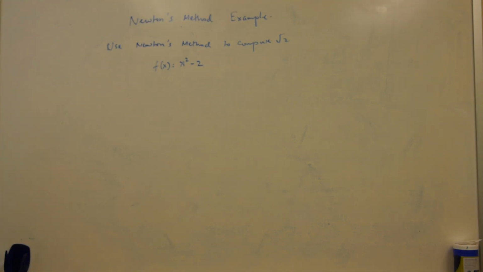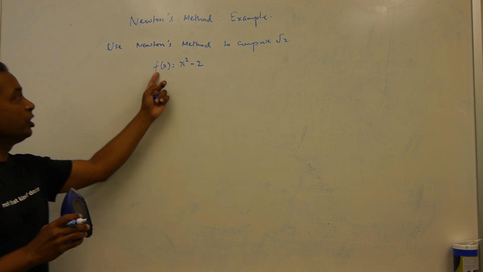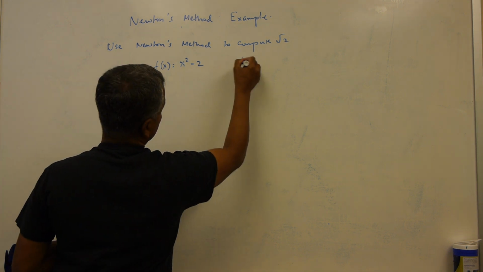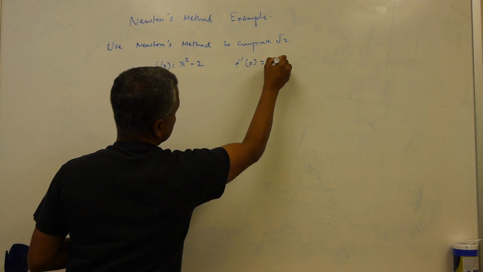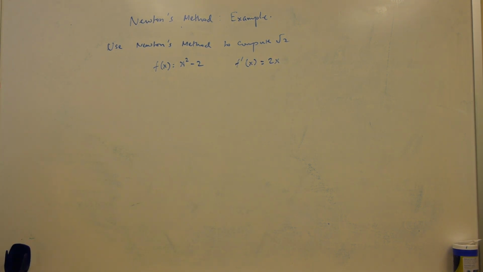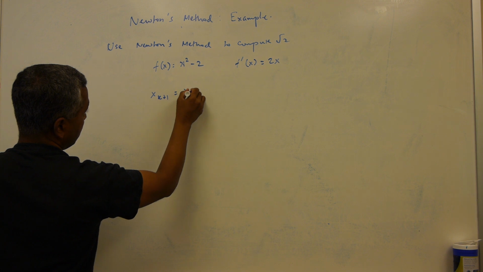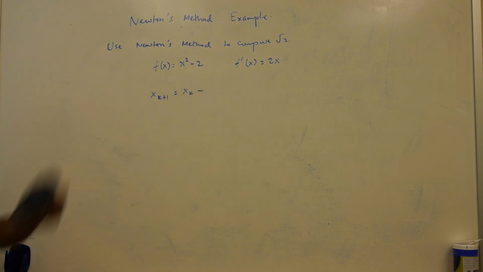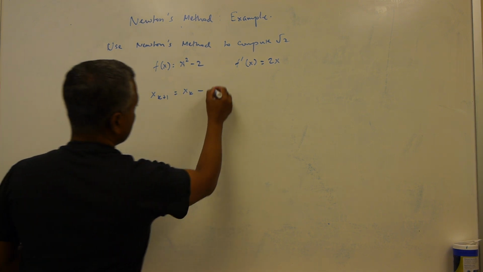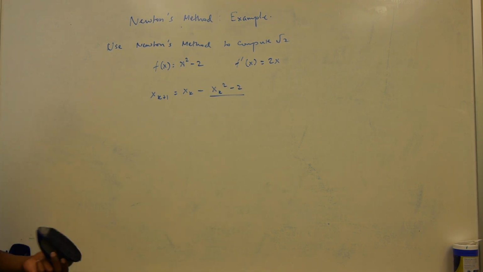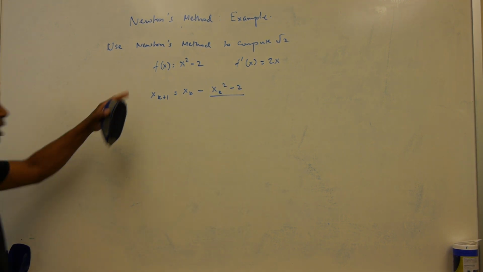Okay. And remember, my Newton iterate simply requires me to compute the function value and its derivative. So let's compute the derivative as well. You know that f prime of x is 2x. Okay. And from here, you simply get the iterate. Xk plus 1 is xk minus the function value at k, which is xk squared minus 2, divided by the derivative at that particular point.